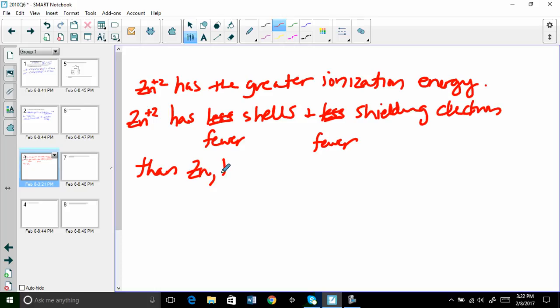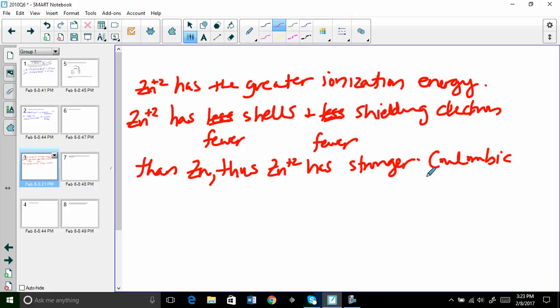Some linking word: thus, or so, or hence. Thus, Zn plus 2 has stronger coulombic attraction for its valence electrons. This coulombic is huge. It means I taught you about Coulomb's law. That's sentence 2.